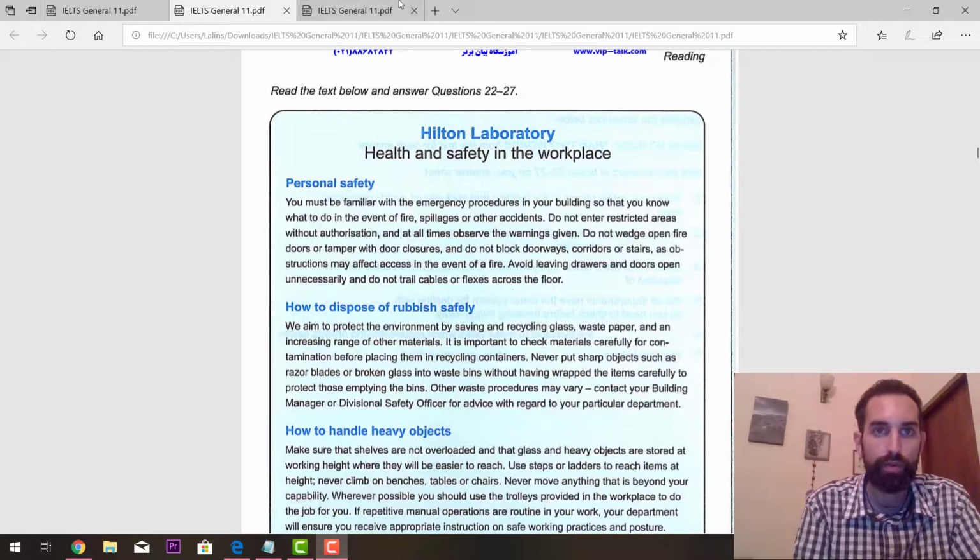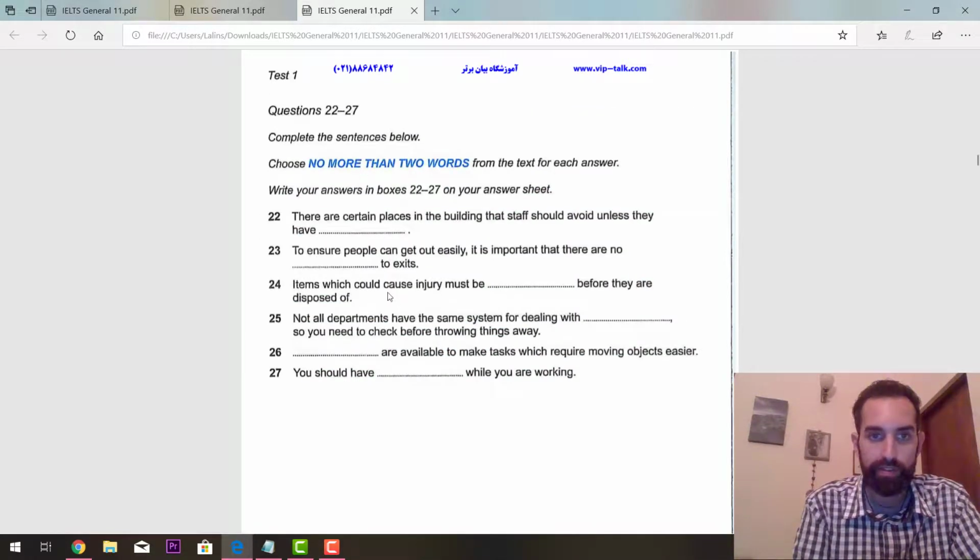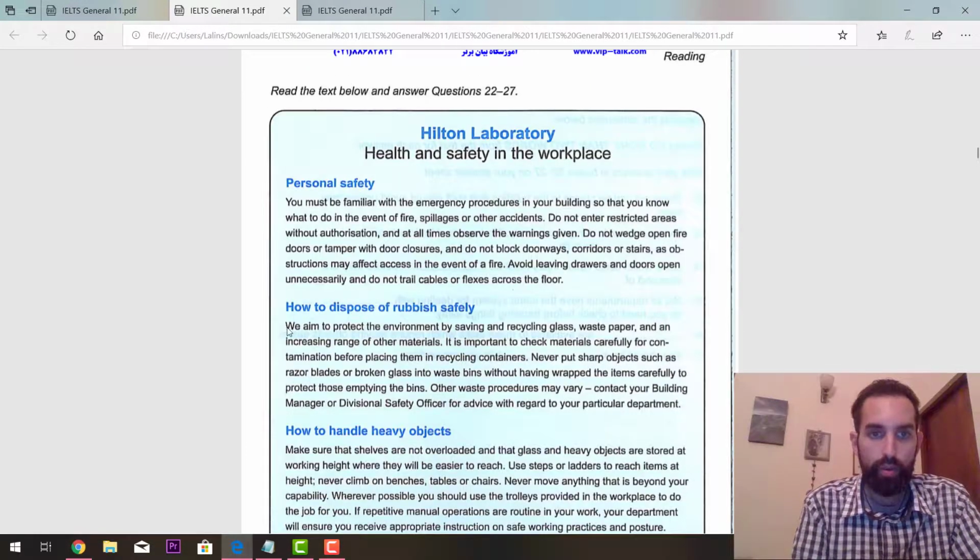This is where we're looking for question 24. We aim to protect the environment by saving and recycling glass, waste paper, and an increasing range of other materials. It is important to check materials carefully for contamination before placing them in recycling containers.